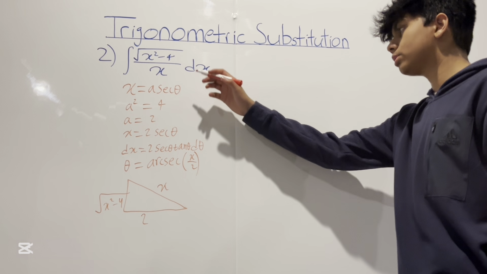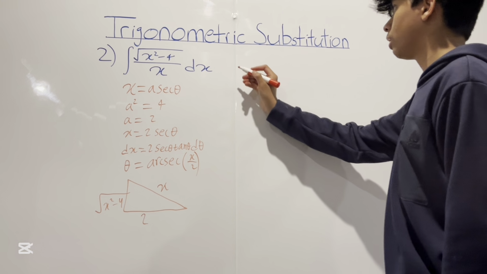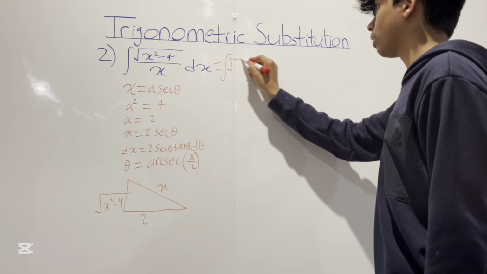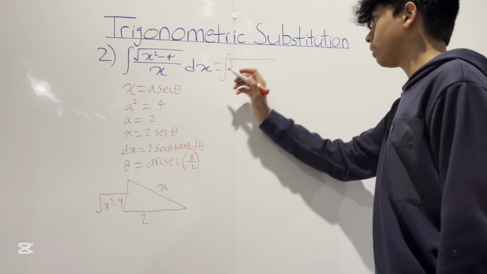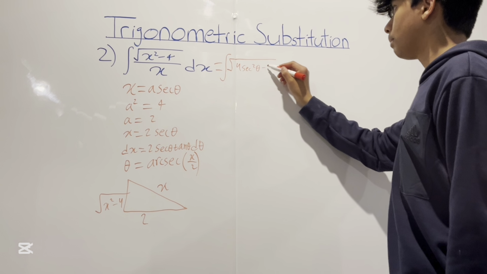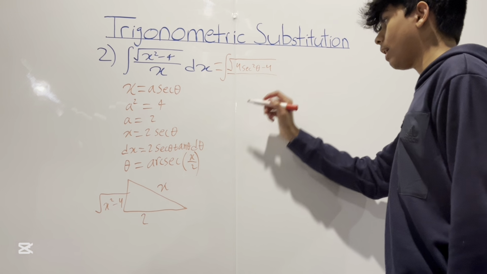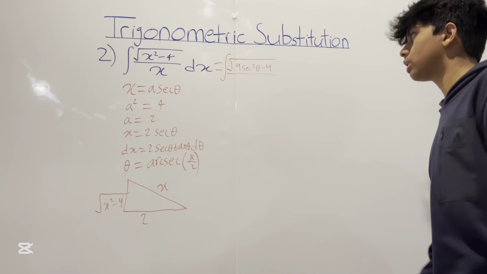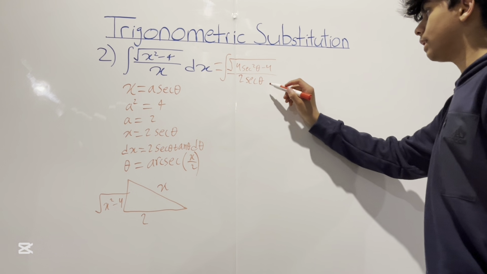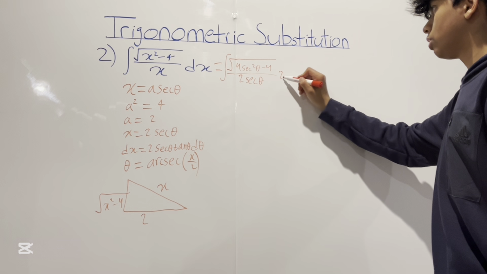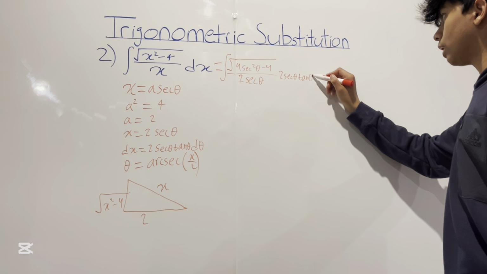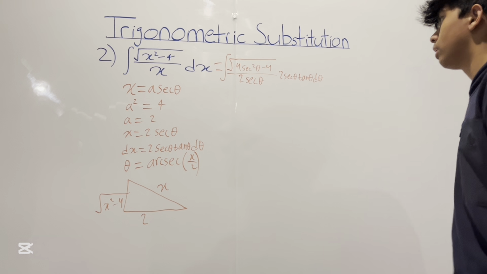Okay, now let's substitute everything we have into the integral. So this is going to be the integral of the square root of x squared, which is 4 secant squared theta, minus 4, divided by x, which is just 2 secant theta. And dx is 2 secant theta tan theta d theta.